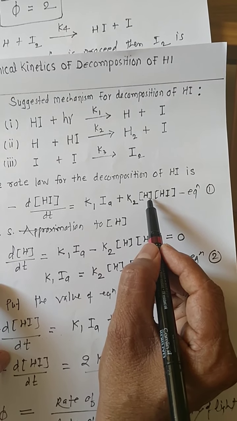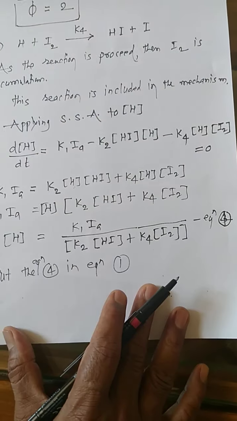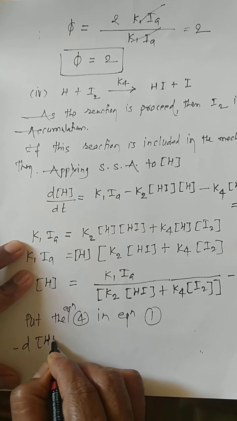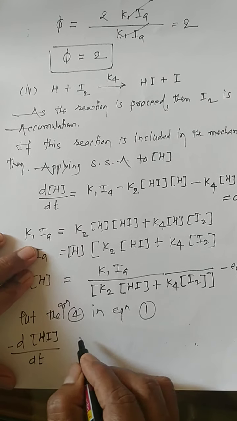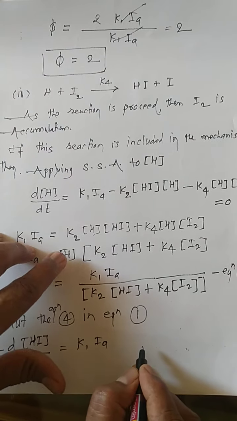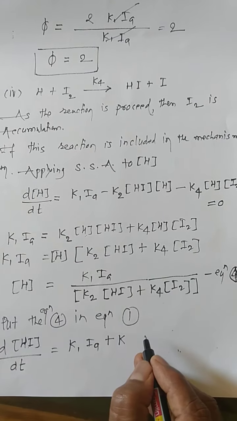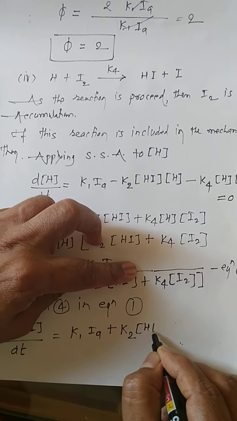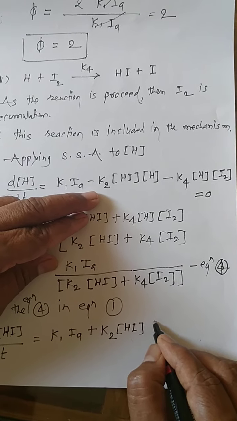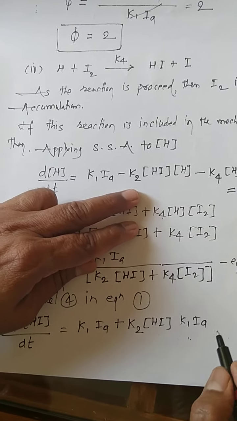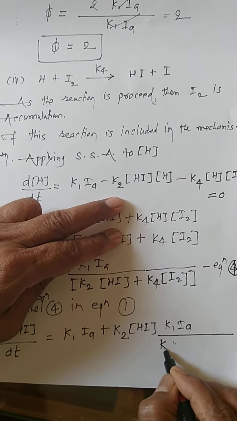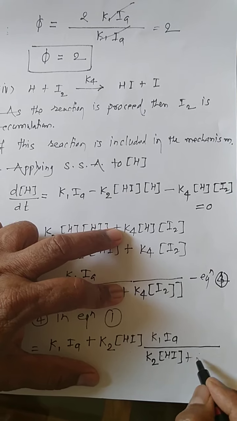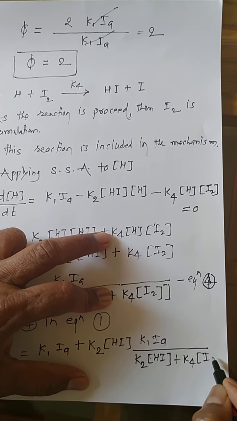Here you have to put the value of concentration of H. Then write the equation: the rate of decomposition of HI is equal to K1 intensity absorbed plus K2 HI into K1 intensity absorbed divided by K2 concentration of HI plus K4 concentration of iodine.